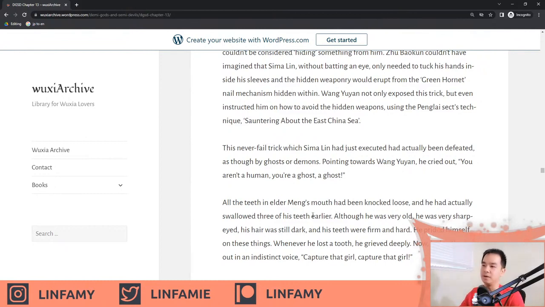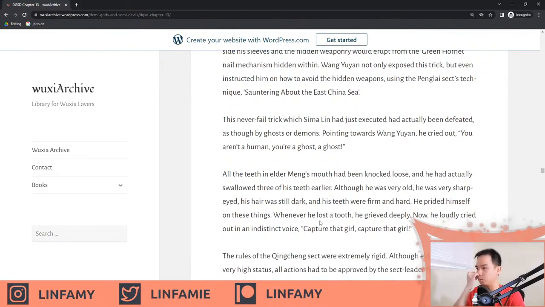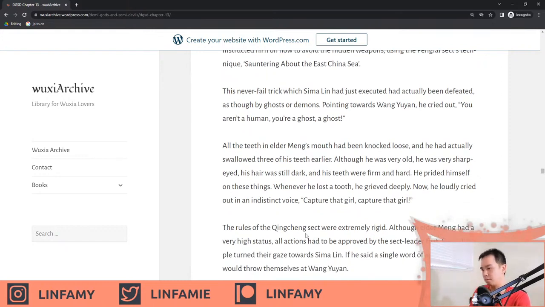All the teeth in Elder Meng's mouth had been knocked loose, and he had actually swallowed 3 of his teeth earlier. Although he was very old, he was very sharp-eyed, and his hair was still dark, and his teeth were firm and hard. He prided himself on these things. Whenever he lost a tooth, he grieved deeply. Now he loudly cried out in an indistinct voice, "Capture that girl!